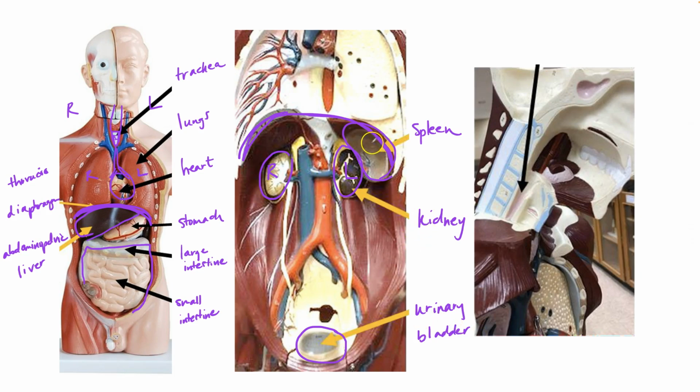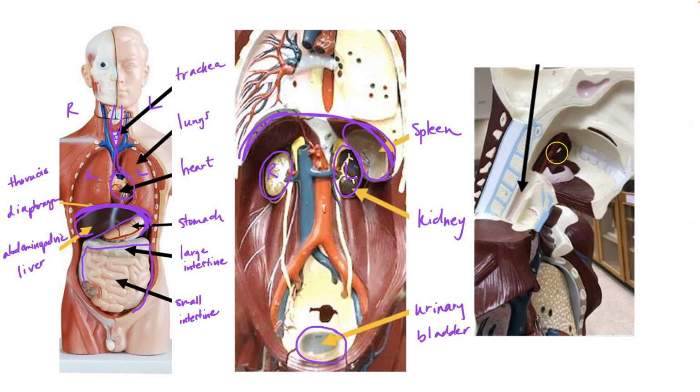Okay, so the spleen that we see really well in this, you can't see it in this image to the left. Maybe you can see a tiny bit of it, but it would be sort of behind and lateral to the stomach there.